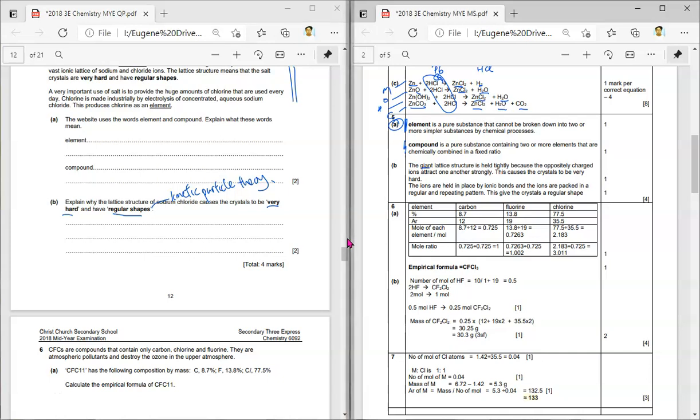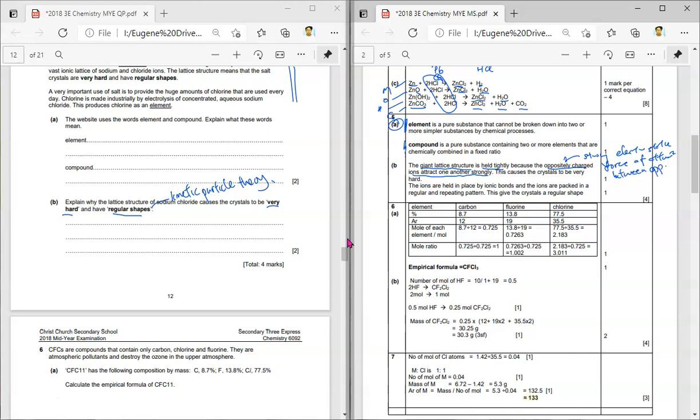First, giant lattice structure, because that's the ionic compound type of structure. They are held tightly because the oppositely charged ions attract one another strongly, or you can say there is strong electrostatic force of attraction between the oppositely charged ions.